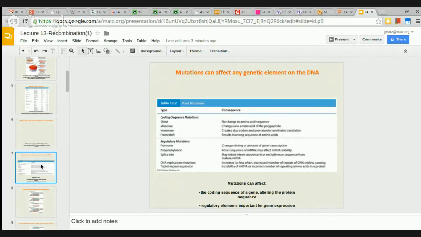So we're going to discuss that a little bit. And these mechanisms have evolved in that they greatly increase the fitness of the cell and therefore the organism that possess these repair pathways.